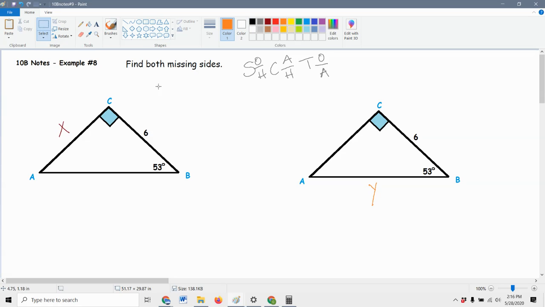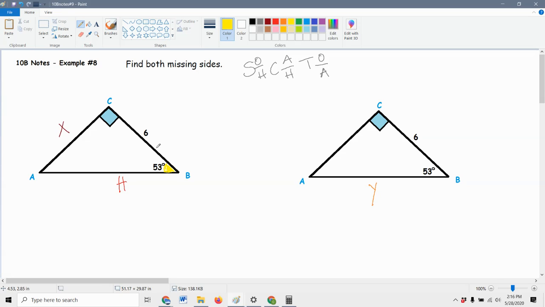So let's label this triangle first. That long side across from our 90-degree angle, we label with a capital H. We're then going to find the angle that we're looking at. It's over here. This one doesn't have a theta, it's got an angle measure, but we do label those legs with respect to that angle.